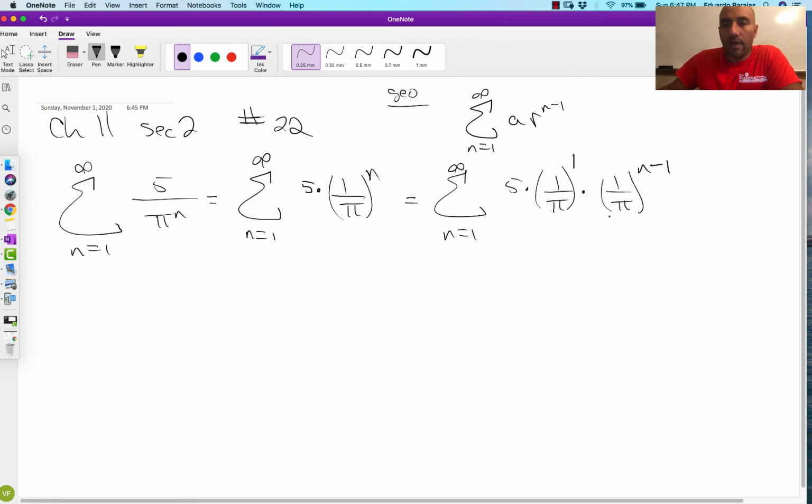So these two combine to give me this one. Good. And so now these two would combine to give me my constant A. This is just going to be equal to 5 over pi. That's my A. And then 1 over pi, that's my R to the n minus 1. Good. This is a geometric series.